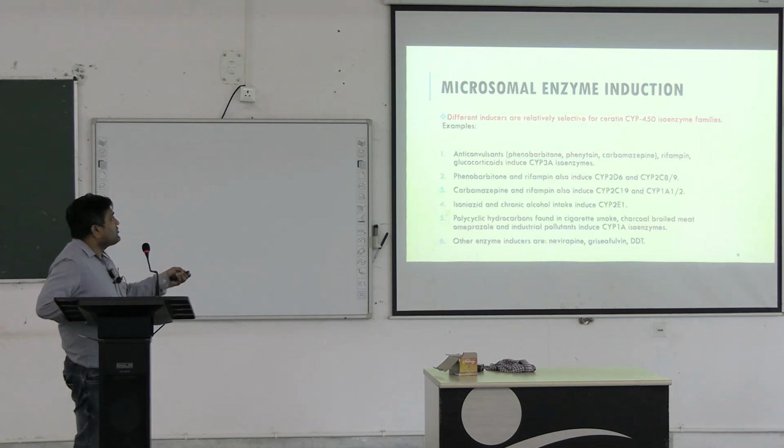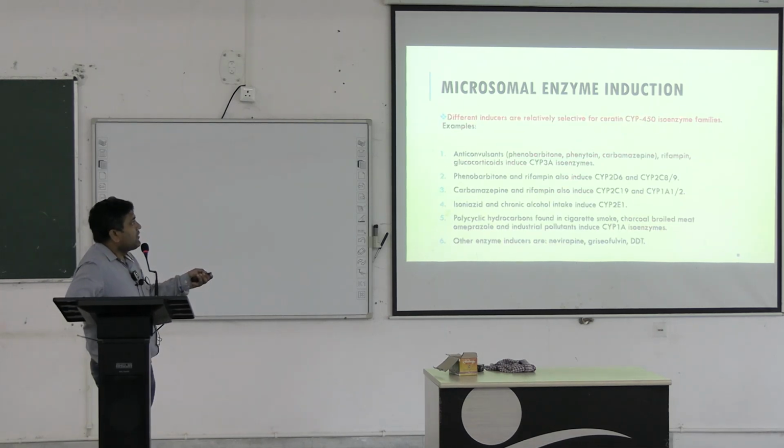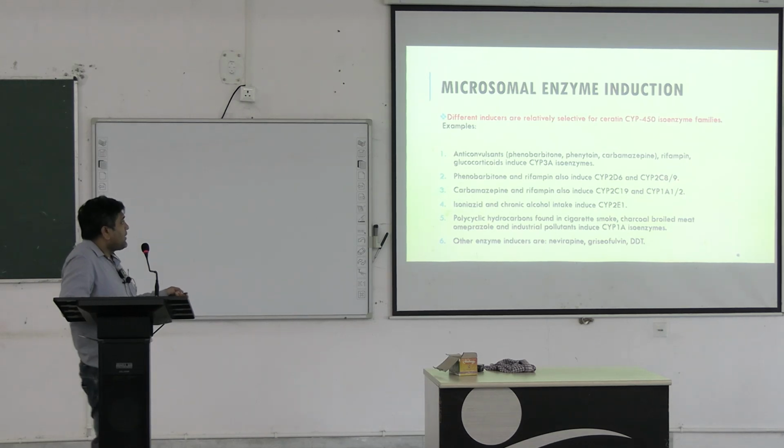Now, different inducers are relatively selective for CYP450 isoenzyme families. Example, anticonvulsants, phenobarbital, phenytoin, carbamazepine, rifampin, glucocorticoids induce CYP3A isoenzymes. Phenobarbital and rifampin induce CYP2D6 and CYP2C8, 2C9.